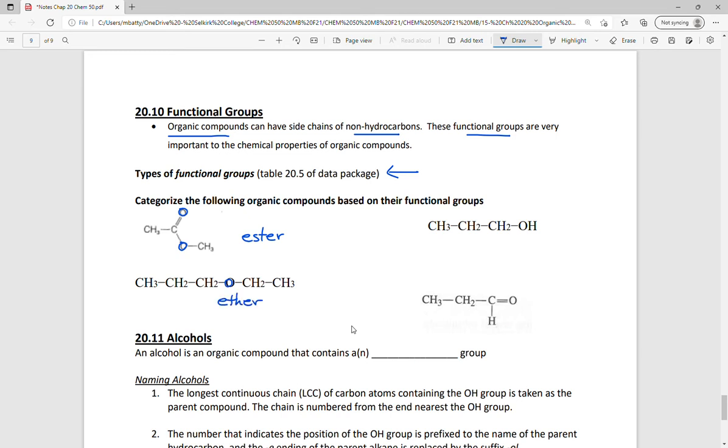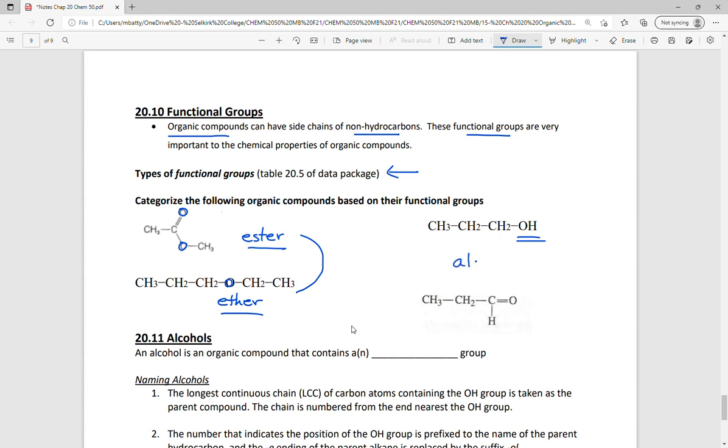These are often for smells and flavors. So I think of Coco Chanel as a perfume. That's an ester group. This oxygen in the middle here would be an ether group. So just again, as introduction, these functional groups are really important because they make these hydrocarbons, which are otherwise insoluble, soluble in water. This is a common one when you have a hydroxyl group off the end.